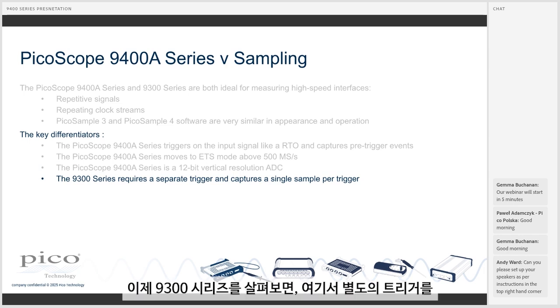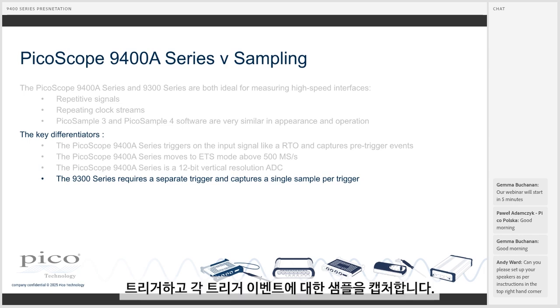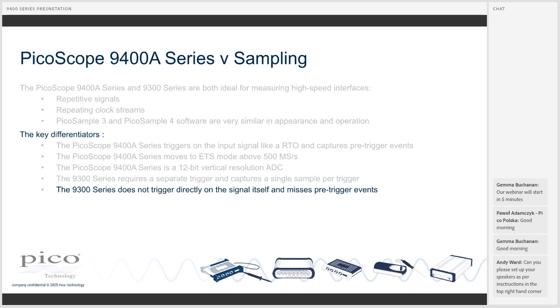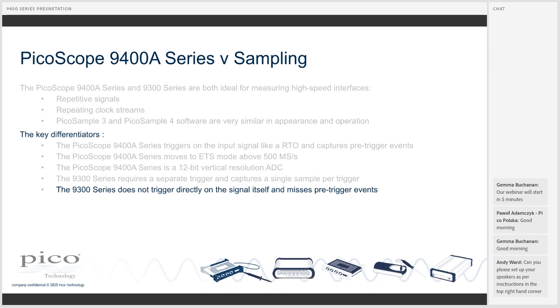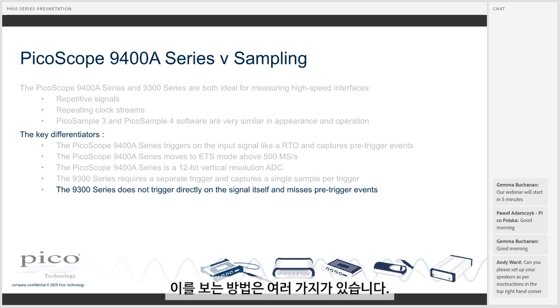If we now look at the 9300 series, we require a separate trigger here and we capture a sample for each trigger event. It cannot trigger directly on the signal, so therefore misses pre-trigger events. There are different ways of looking at that, and we will have a follow-on training from this, as we did with the VNA, and we'll go into this in a little more detail.